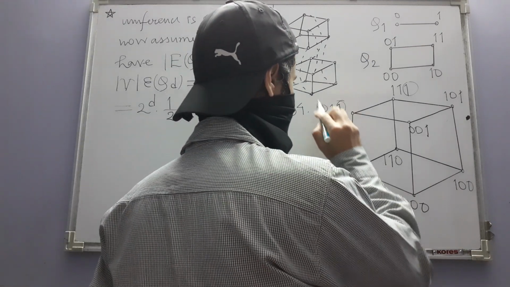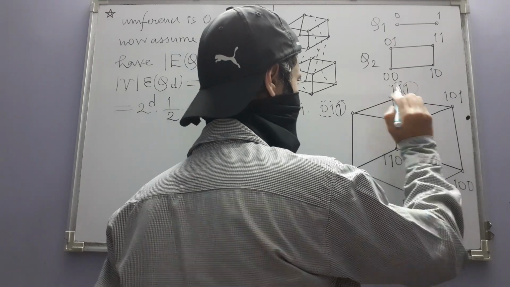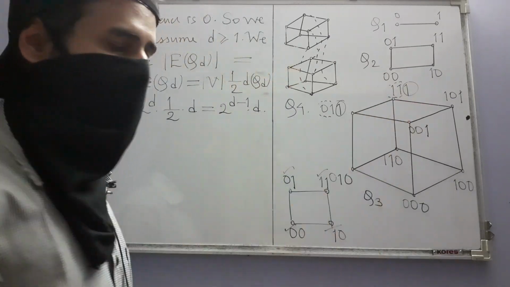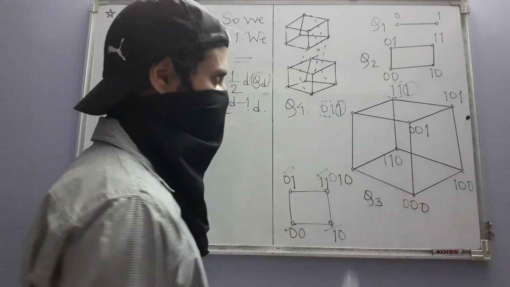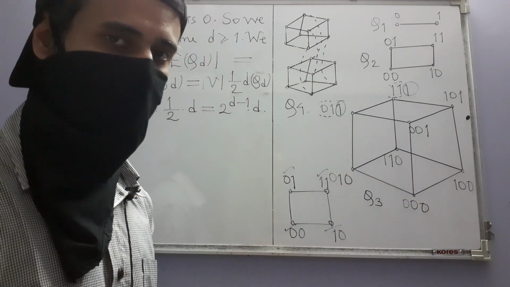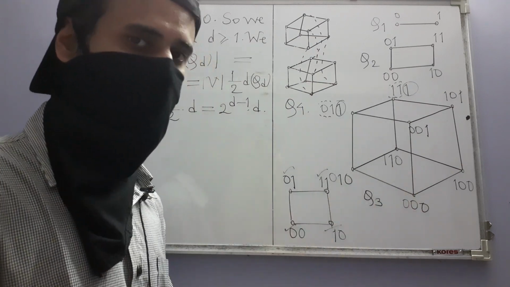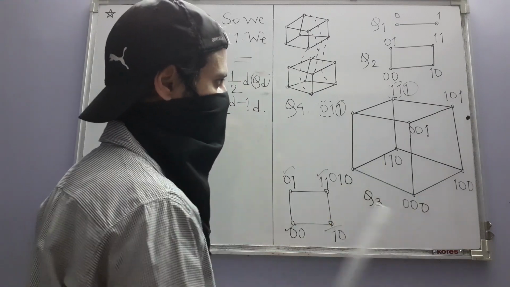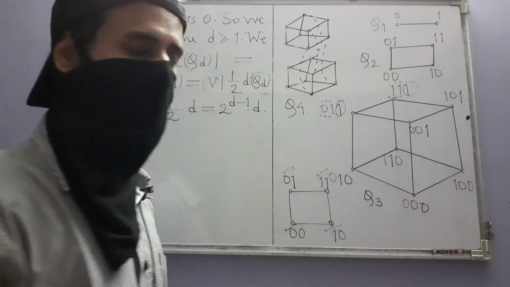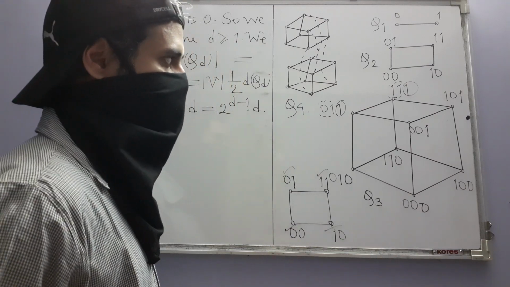Because originally between 0 1 and 1 1 there was an edge in Q2. That's because these two strings differed in only one place. By adding an extra same digit, that doesn't change. So in the larger graph they continue to be adjacent. The same is the case with the lower copy.